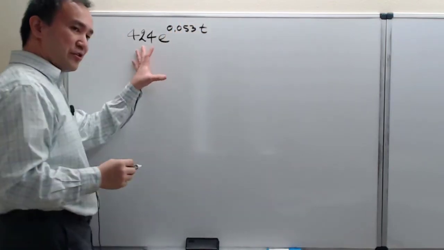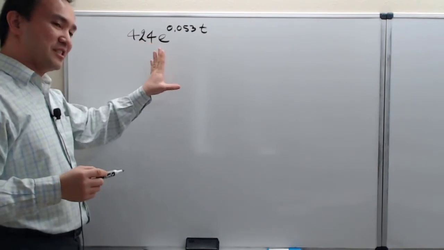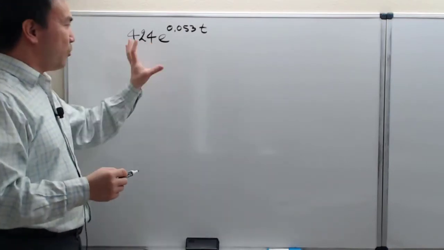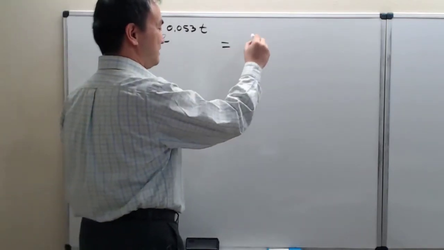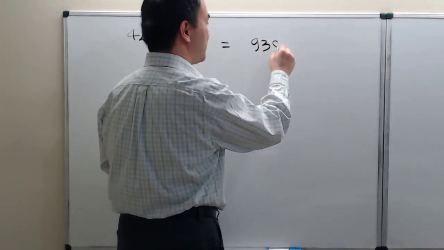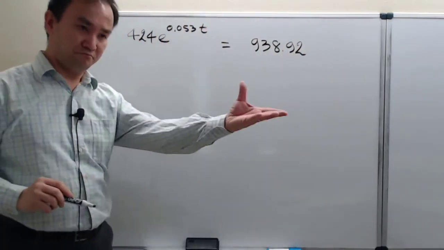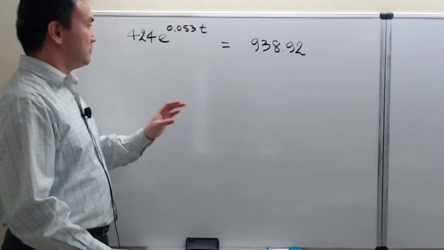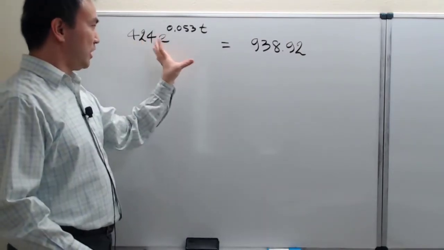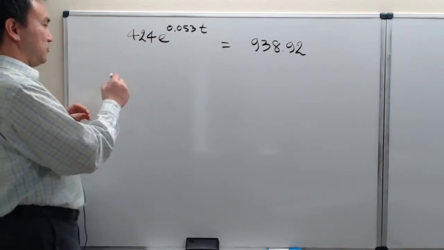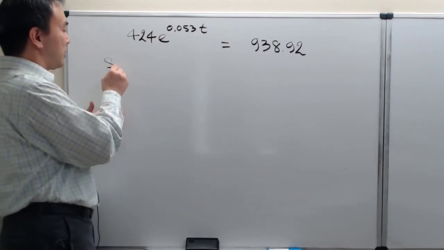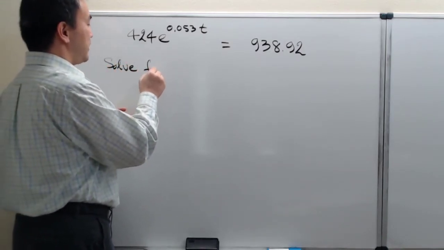Okay, that's the general instantaneous rate of change. But we want that to happen at 938.92 dollars per year. So once we've done that, we set up a goal for ourselves. We want to solve for t.